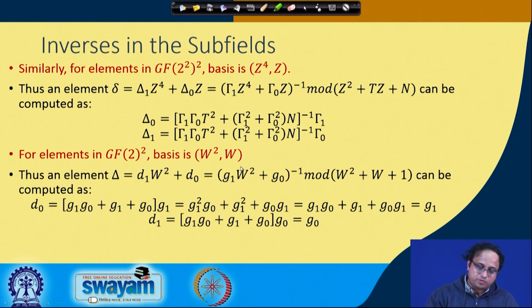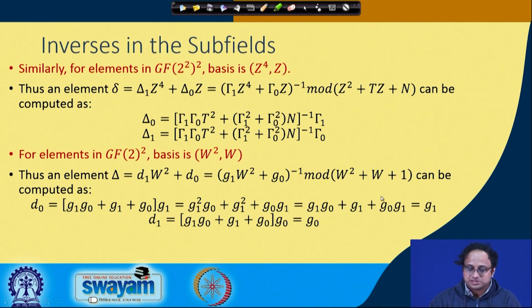So now I can write this GF 2 power of 2 as GF 2 whole square. So I can decompose this further and my basis is now omega square comma omega, or w square comma w. Therefore, the inverse of g1 w squared plus g0 whole inverse is essentially nothing but d1 w square plus d0, but the polynomial is done modulo the irreducible polynomial w square plus w plus 1.